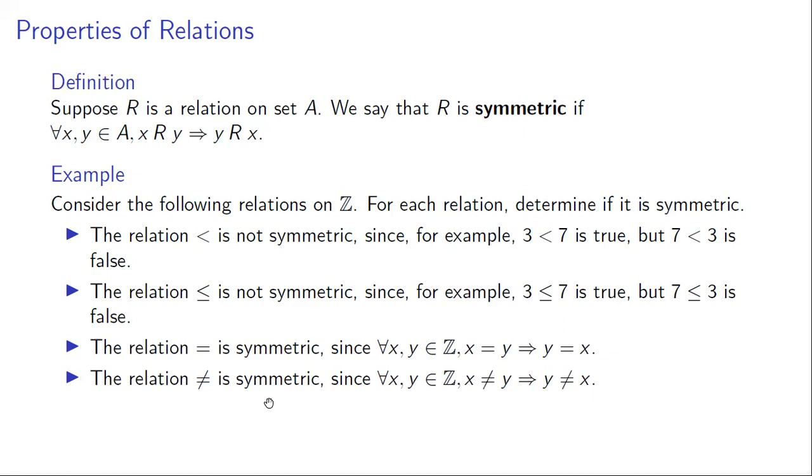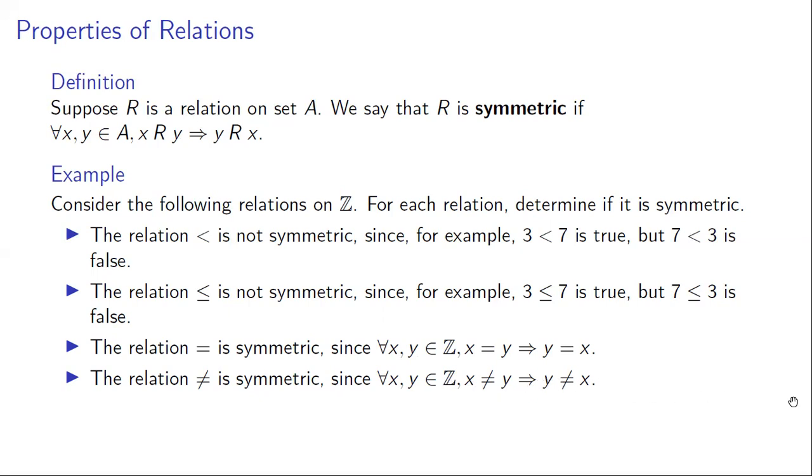Why is it symmetric? Since for all x and y in Z, if x is not equal to y, then y is not equal to x. So this property holds: for every possible integer, if x is related to y, meaning if x is not equal to y, then y is not equal to x.